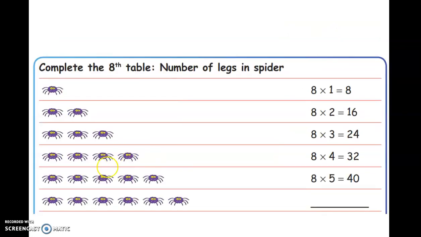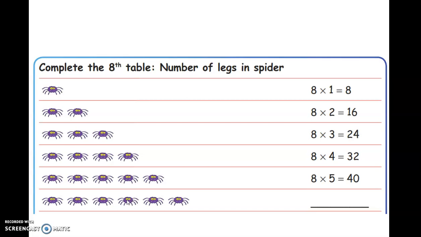Now let us complete the 8 table. Friends, here's an example. In the picture what do you see? A spider is there. How many legs does it have? 8 legs. 8 legs and 1 spider. In the table, 8 legs into 1 spider is equal to 8 legs.